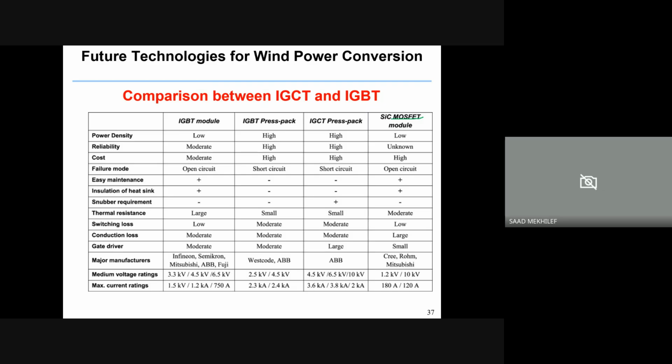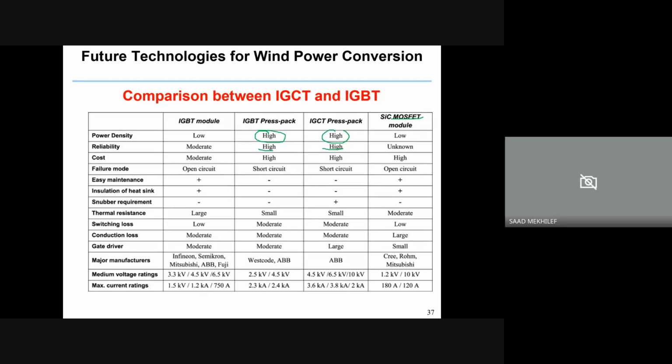Okay, if you look into, for example, the power density, it is very high, because it's a pack. In terms of reliability, it's quite high, because we compare apple to apple, the IGBT press pack with the IGCT press pack.